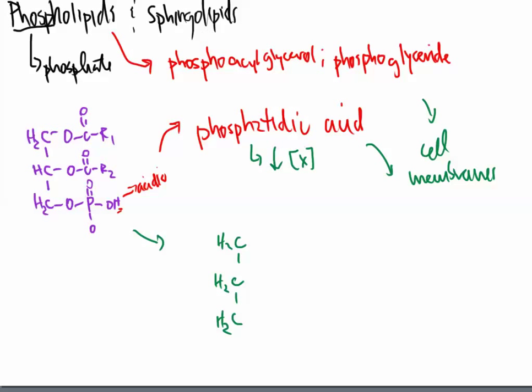So we'll do CH2, CH, CH2, and then off of this we find a C double bond O-R1 and a C double bond O-R2, and then this was an O-P double bond O, an O, and an OH. So what we traditionally find in cell membranes, and really the most of, phosphatidic acid, yeah, that's okay, but we tend to see the acid portion removed.